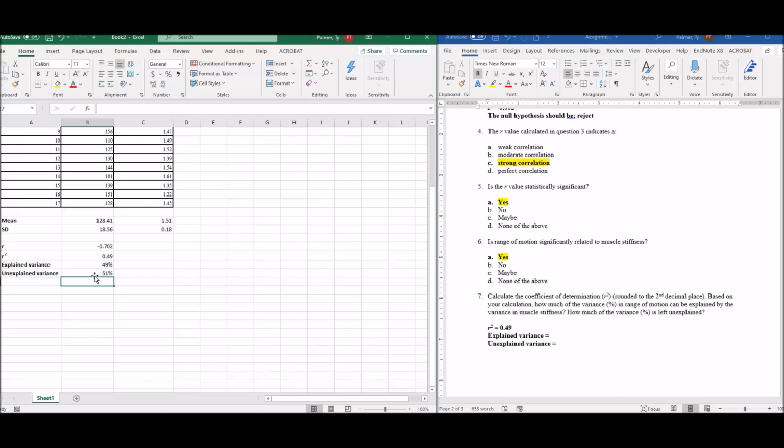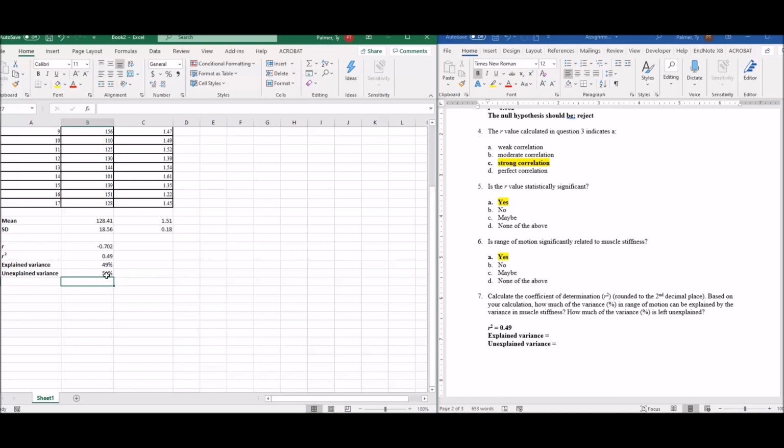But there's also a large portion of the variance that's left unexplained. What does that mean? That just means that other variables are influencing range of motion. Other variables other than muscle stiffness are influencing range of motion, and they account for this other variance. Other variables that we didn't measure in this research study.